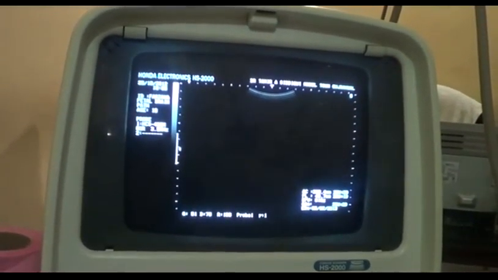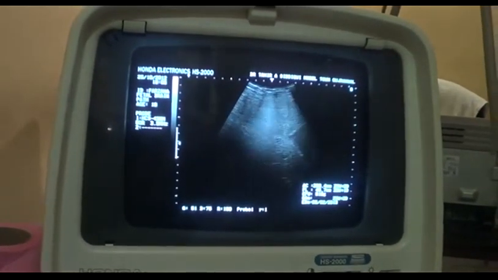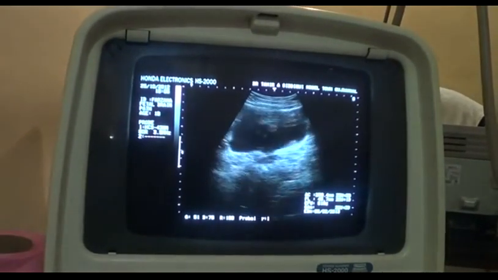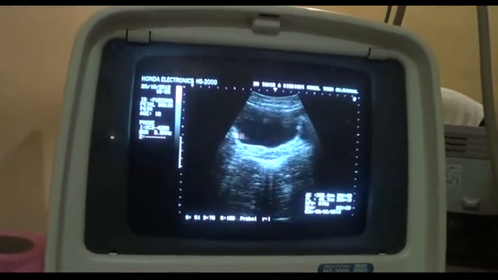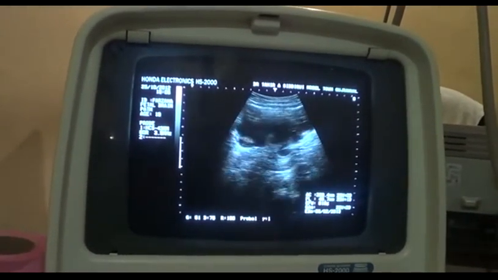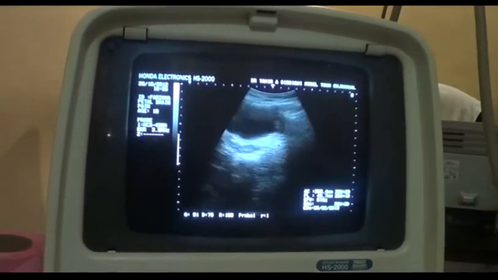Let's see the urinary bladder of the mother. This is the urinary bladder of the mother. Do we see any finding in this video? Is there any stone, mass? Nothing. So the urinary bladder of the mother is normal.